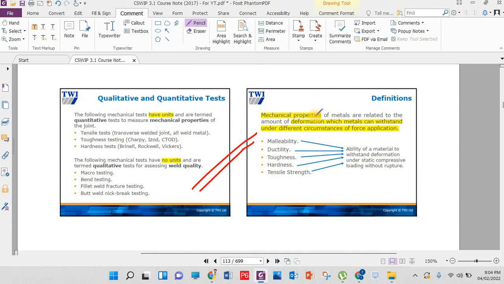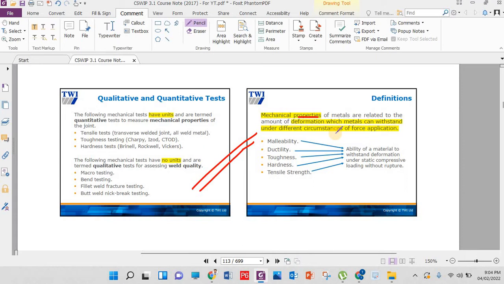To check the mechanical properties, first I will let you know what mechanical properties are. Mechanical properties of any material are those related to deformation that it can withstand under different circumstances. Like if I have a piece of metal and I would like to bend it, first it will make some resistance, then I apply more force, and gradually more force. Then at a certain limit of force, the piece will become bent.